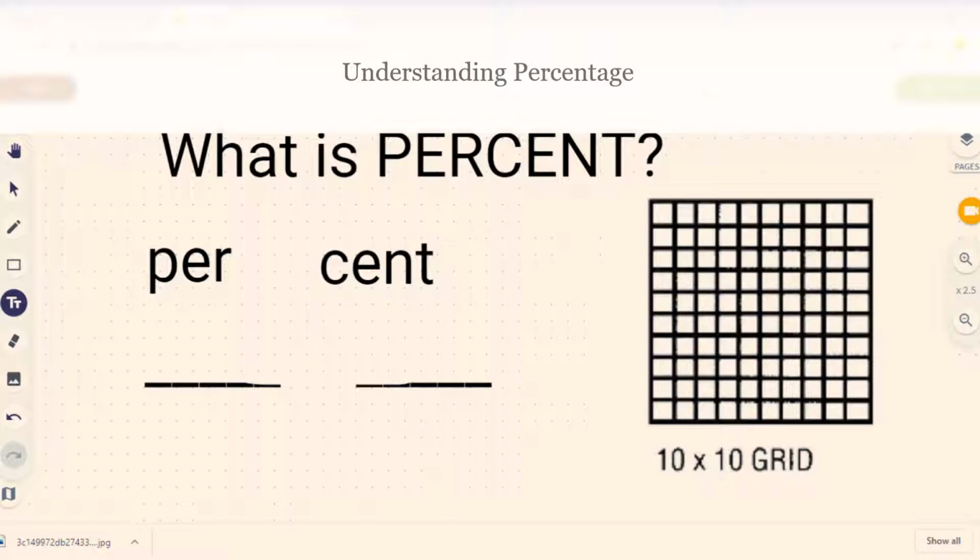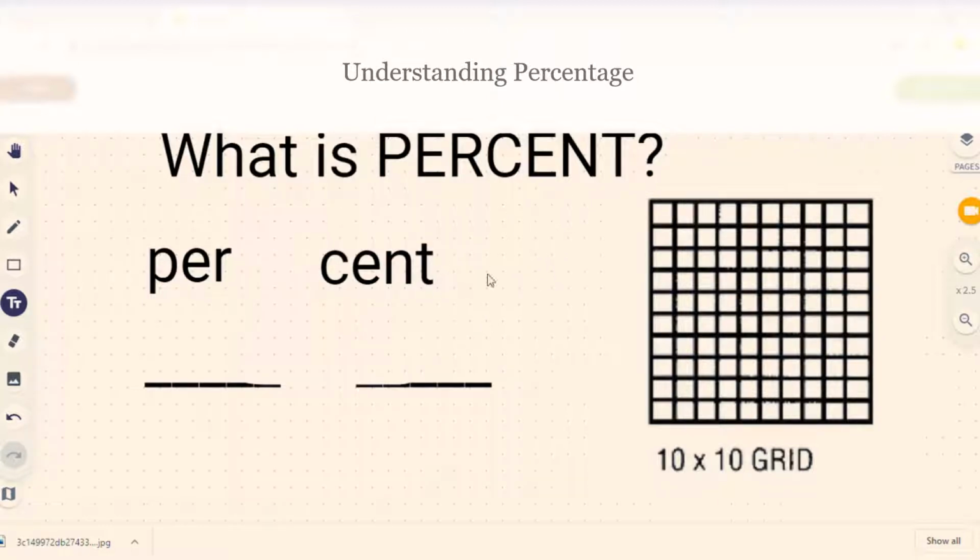Okay, before we go on to our lesson, understanding percentage, let us answer this question first. So, what is percent? Percent means every 100.